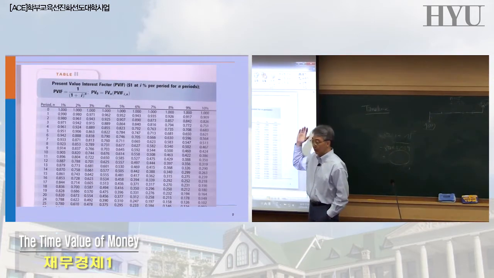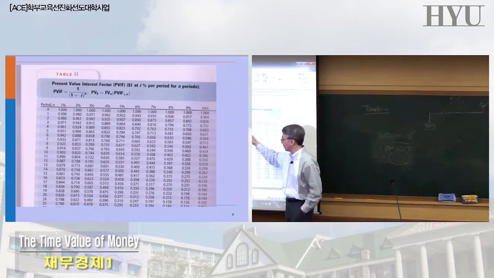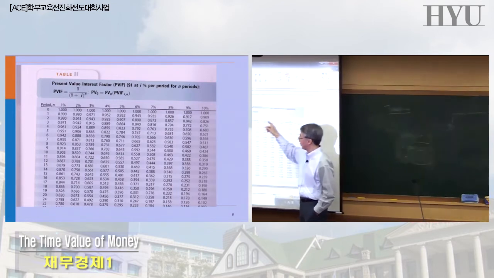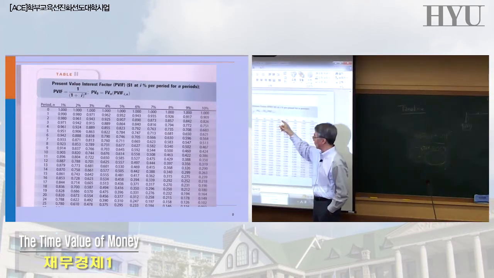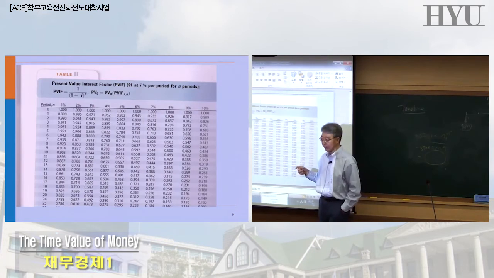If you're trying to calculate 6.25%, there's no way you can use the table. The best you can do is interpolate between this number and this number, since 6.25% is 1/4 of the way, so you calculate the difference and multiply by 0.25. But that's not going to be really accurate.